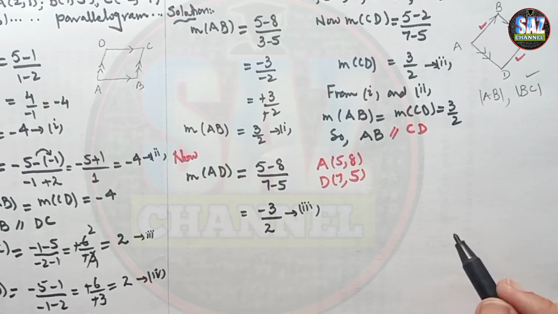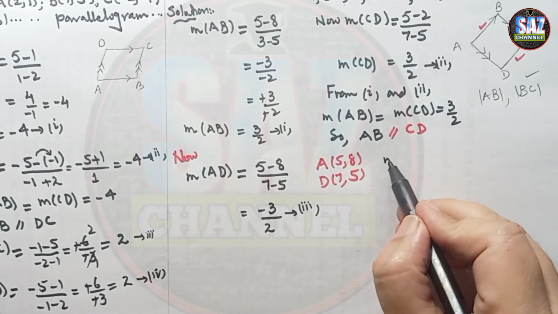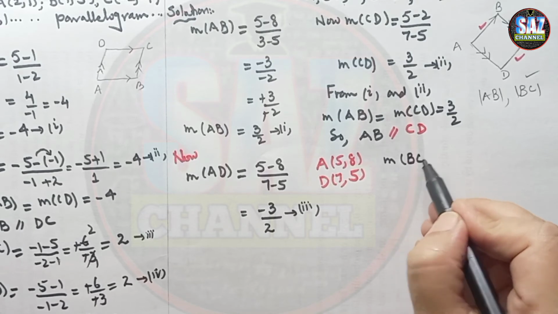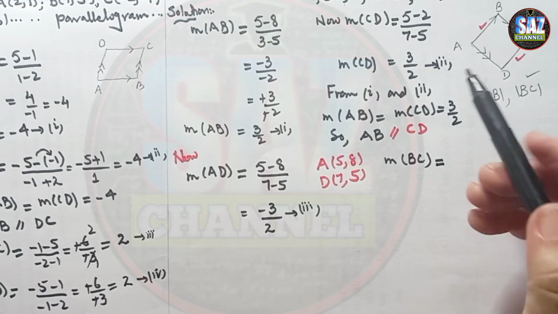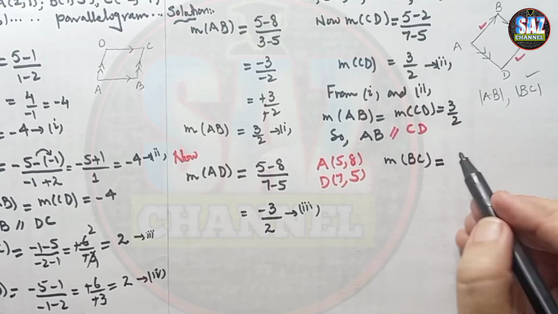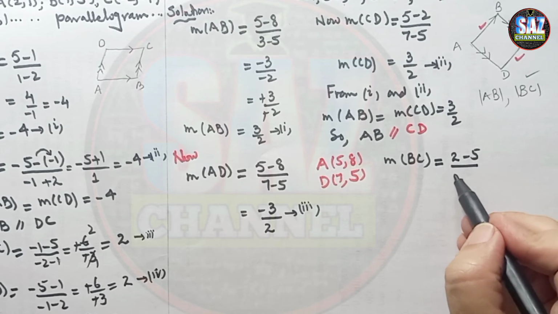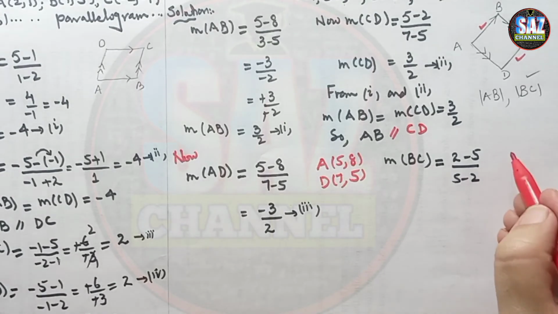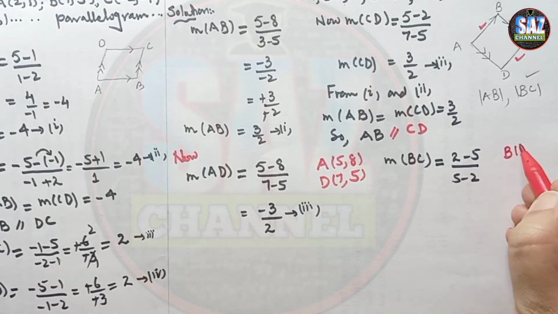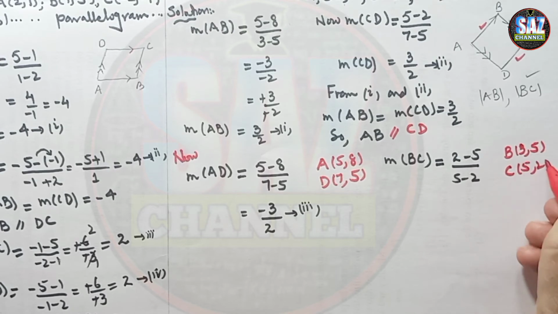Now I have to find the gradient of BC. B has the coordinates 3 and 5, and C has the coordinates 5 and 2.